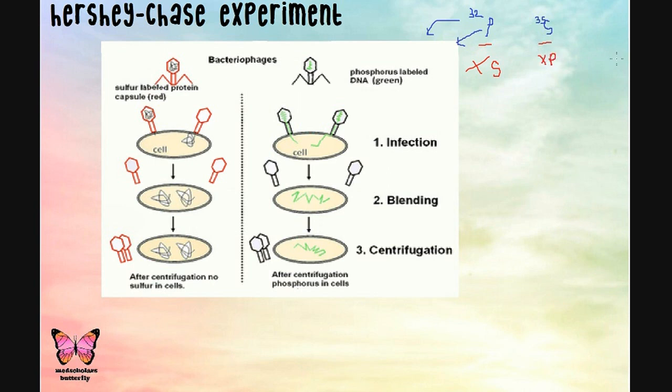So they thought, let us infect bacteria with both of these types of viruses and see how the infections occur. And what do we find after centrifugation? Once the infection was done and blending and centrifugation were carried out, they found that the material left in the centrifuge, the infected bacteria, had phosphorus, or DNA, and not sulfur.